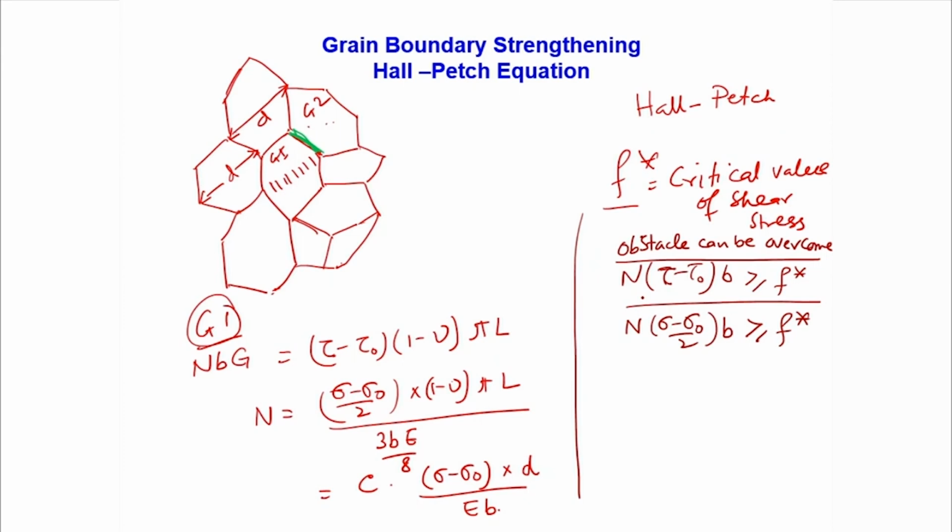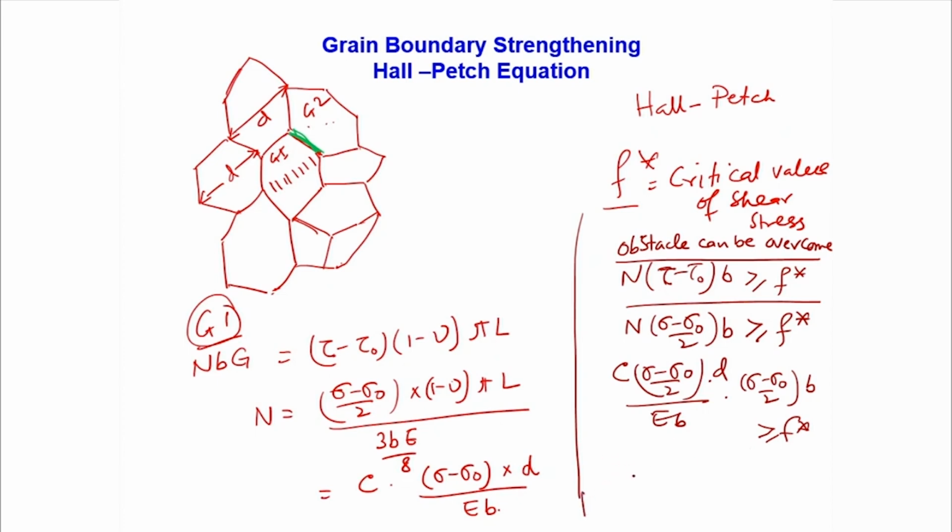So now we can put the value of n equal to C (sigma minus sigma 0) D by EB, multiplied by (sigma minus sigma 0) by 2 B, correct. That is n, and this factor, sigma minus sigma 0 by 2, must be equal to F star, right. So then what can we write?